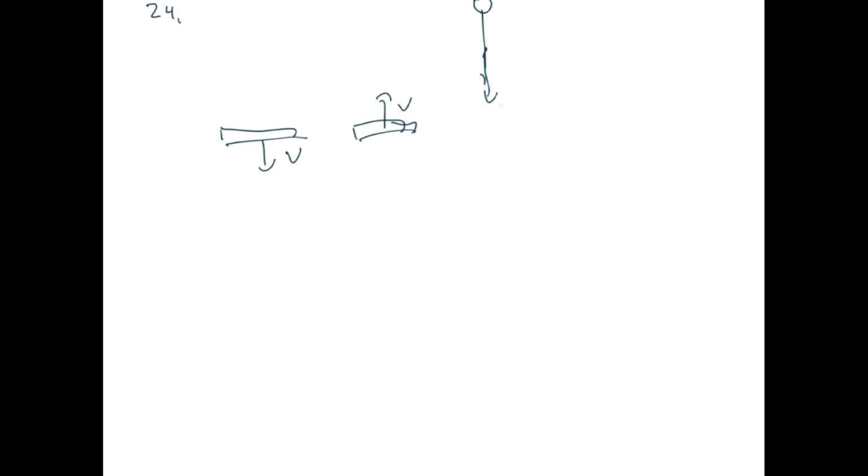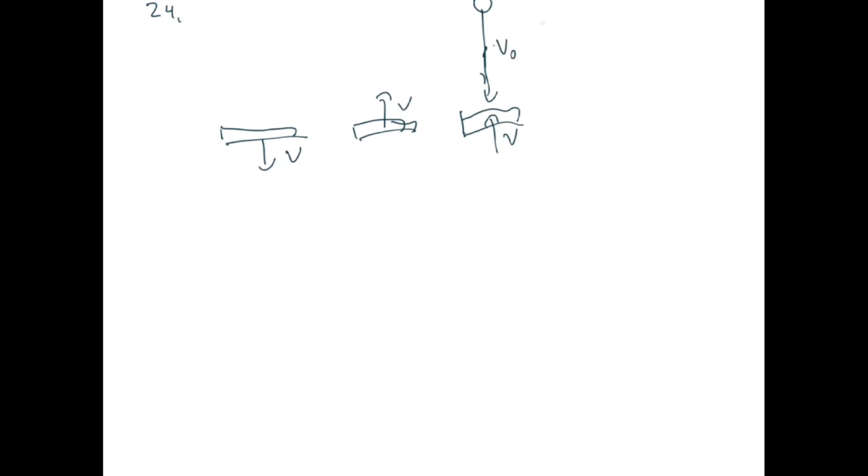Well, the idea here is that in elastic collisions, the relative velocity will stay the same. So if we think about what happens when the plate's moving up, let's call the initial velocity of the ball V0.